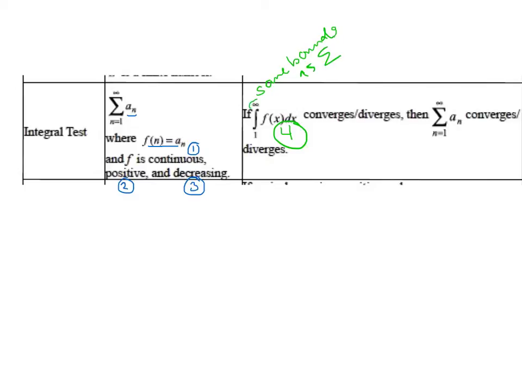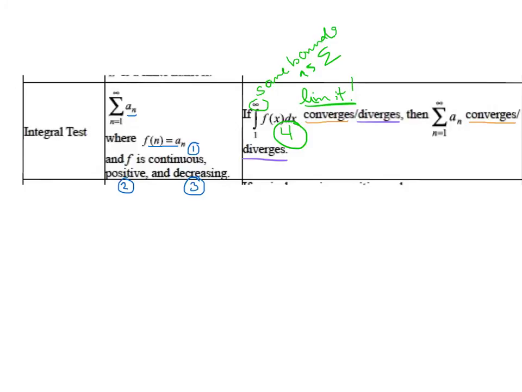And this does go to infinity, so you're going to have a limit in that integral. So you evaluate that integral and see if it converges or diverges. If the integral converges, the series converges. If the integral diverges, the series diverges. And so that's how that one works out pretty nicely as well. Converges and converges, or it's going to diverge and diverge.